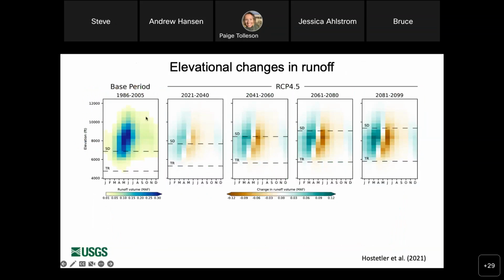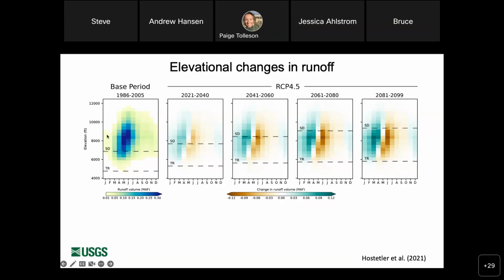So the bottom is the months, a monthly calendar, and elevation is plotted on the y-axis, and you can see that a lot of the runoff that occurs in May, June, July is coming from the 8,000 to 9,000 foot region. And here we've plotted up the limit of the transition zone and the limit of the snow dominant zone.